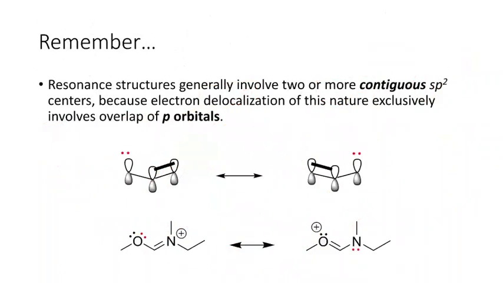Okay, what have we got? Remember, resonance structures generally involve two or more contiguous, meaning adjacent, sp2 centers, because electron delocalization of this nature exclusively involves overlap of p orbitals.